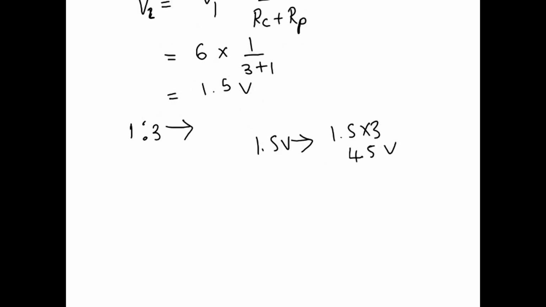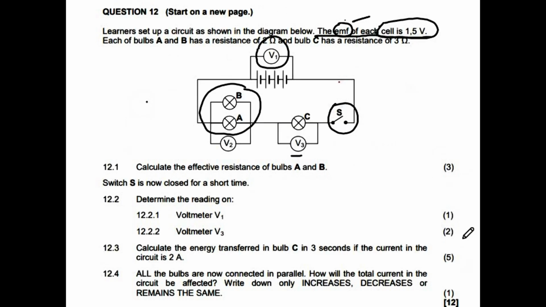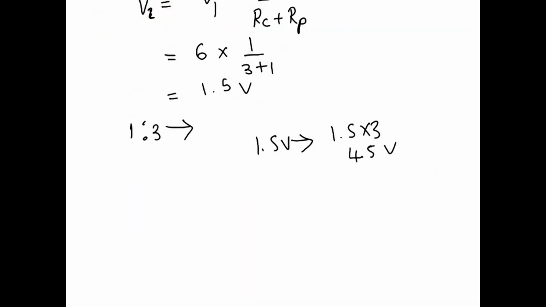Some people first determine the current, but I feel like for a 2-mark question, that is a very long route. But if you understand that method, then by any means use it. Why did I show this specific method?